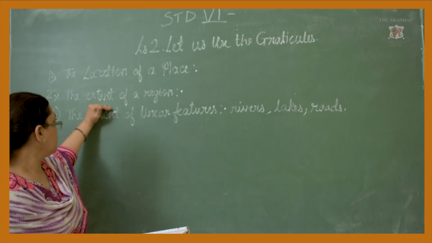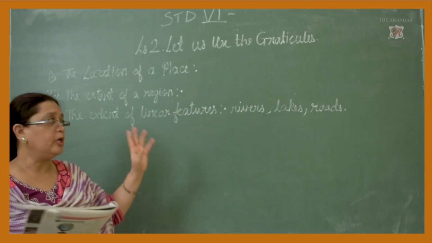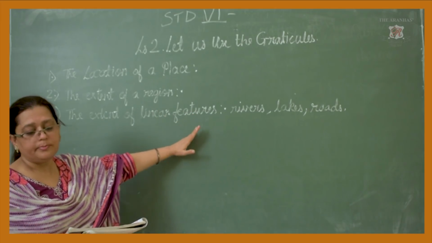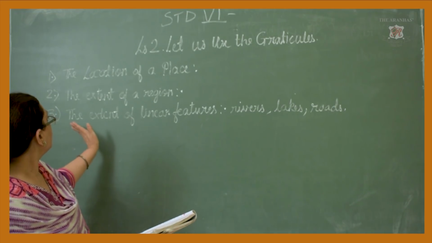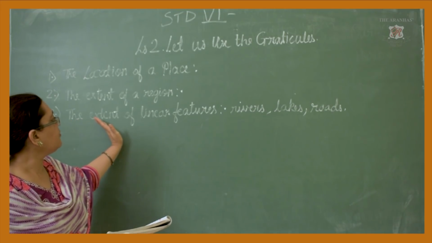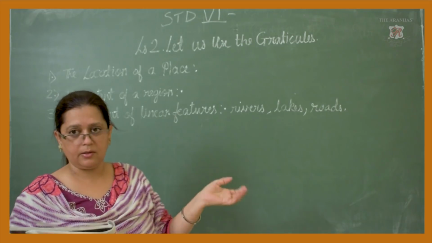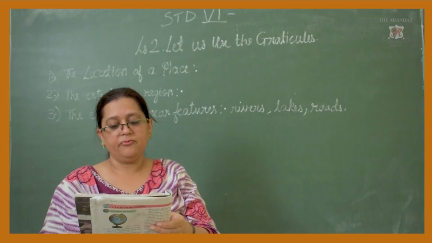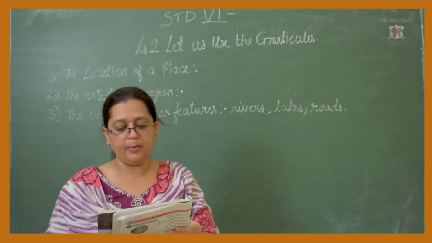To find the extent of a region, which is big, we need two parallels and two meridians. Now, linear features are long, so we need to consider the latitudes and longitudes of their terminal points.